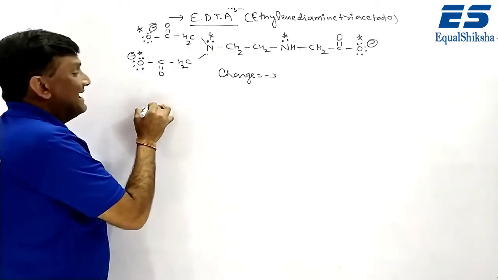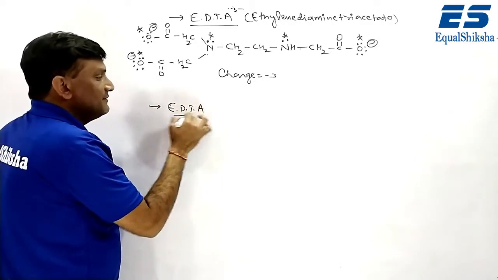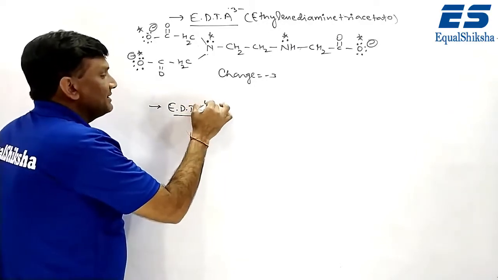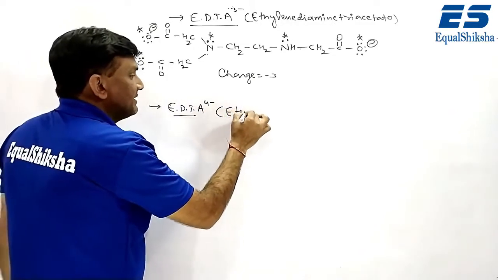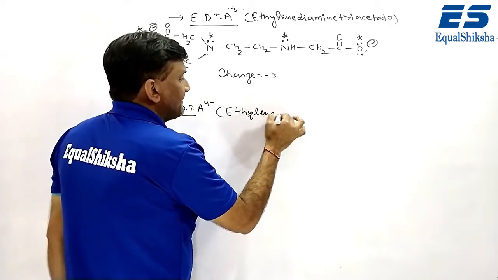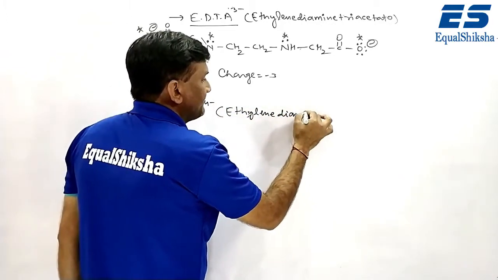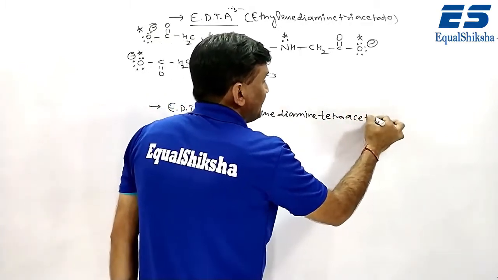For a hexadentate ligand, hexa means 6 donor atoms, the example is EDTA 4-. Its full form is ethylenediamine tetraacetato.